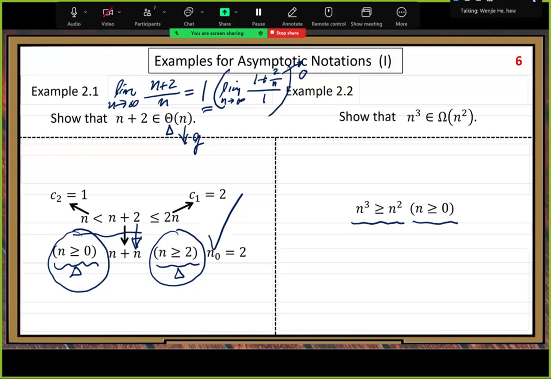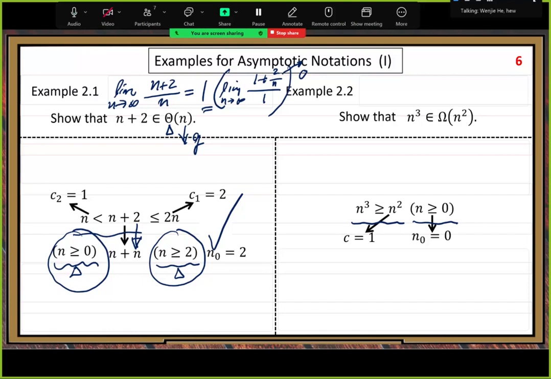After that, n cubed is strictly greater than n squared, because you multiply by one more n, and n is greater than 1, so it can only be larger. So this question is very easy. C equals 1, n0 equals 0. So the definition applies, and we get a conclusion here.